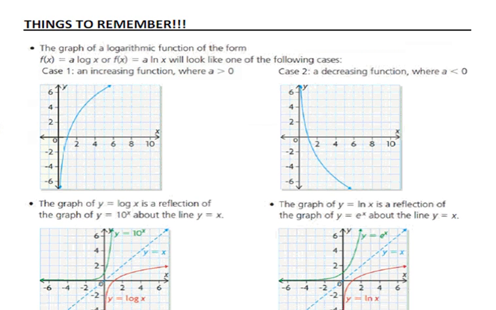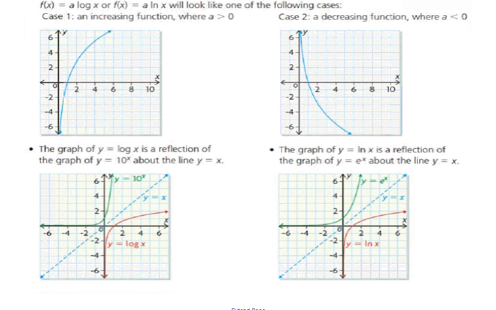Looking at all 4 of these lines, you should be able to tell which ones are exponential and logs. So is this a log or exponential function? A log function. Remember, exponential looks like this. If x is greater than 0, you know it's a log function. So this is an increasing log function.